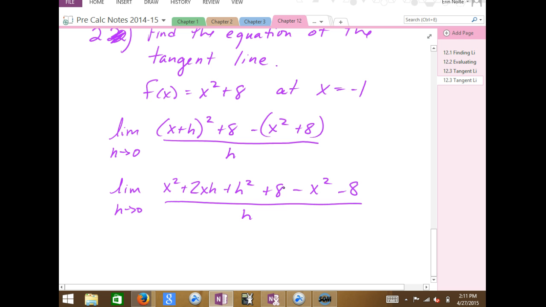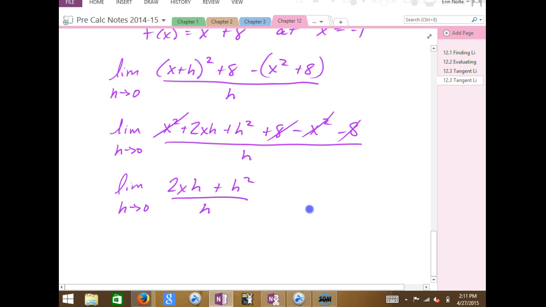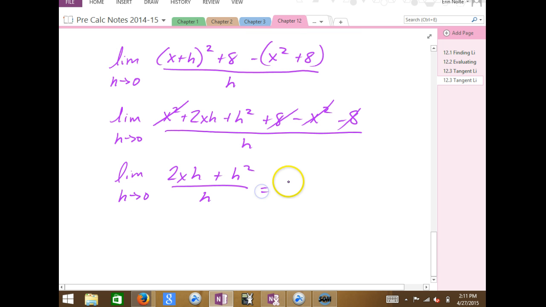On the top, what cancels? The 8s and the x squareds. So I have 2xh plus h squared over h. Okay, I can pull out an h.